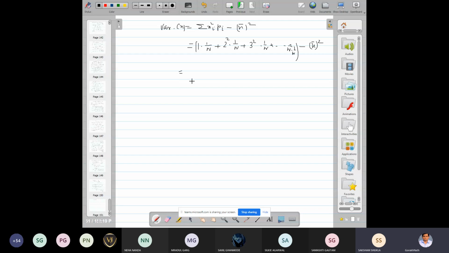Now after simplification, this will be, taking 1 upon n common, 1 square plus 2 square plus 3 square and so on up to n square, times 1 upon n.